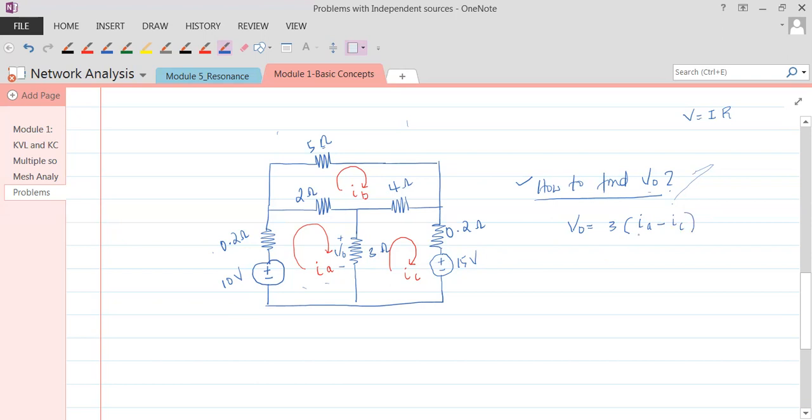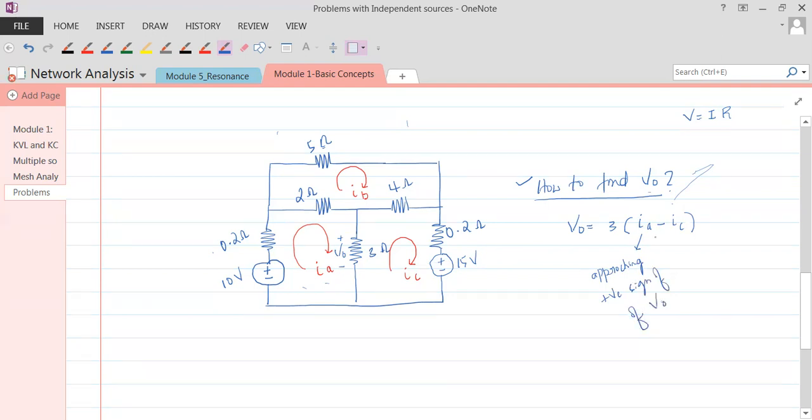I again tell you that IA is taken positive because IA is approaching the positive sign of V naught.